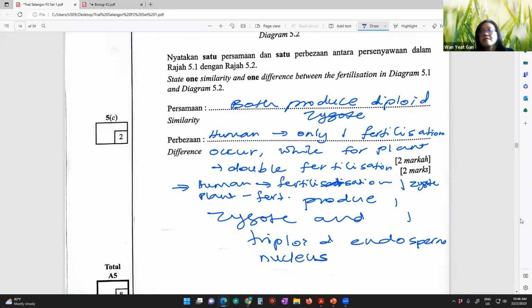So not just one zygote, but also one zygote and one triploid endosperm nucleus.